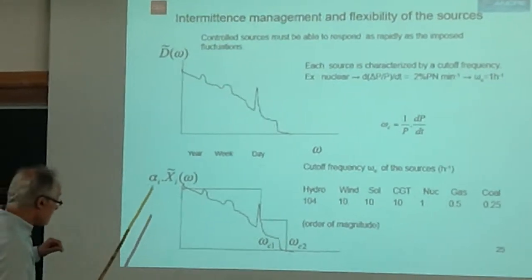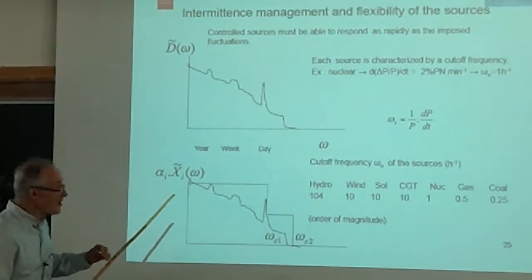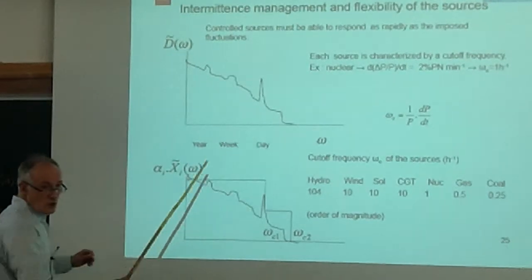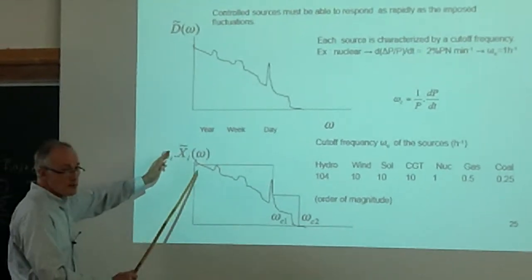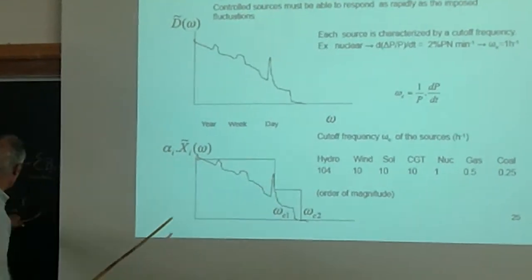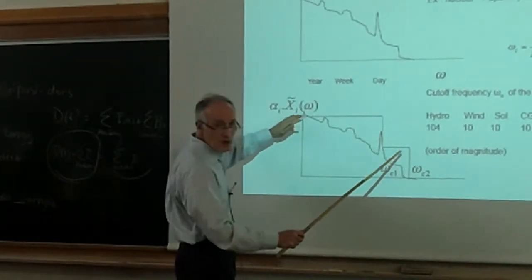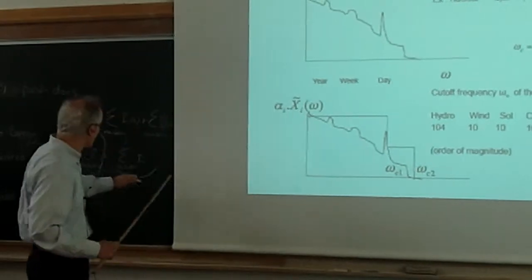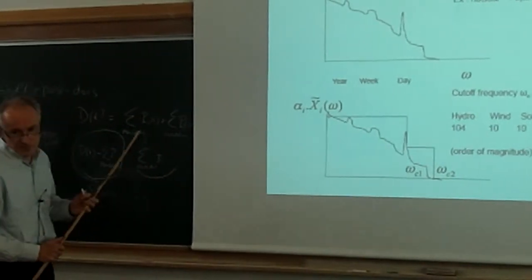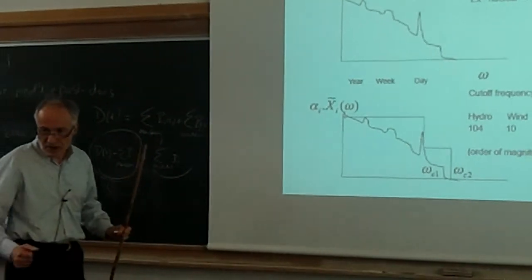Okay, and the idea is to compare finally this spectrum with the frequency and power domain accessible to the controlled sources, and if we are able to envelope this spectrum with the domain accessible to the control sources, we shall be okay.